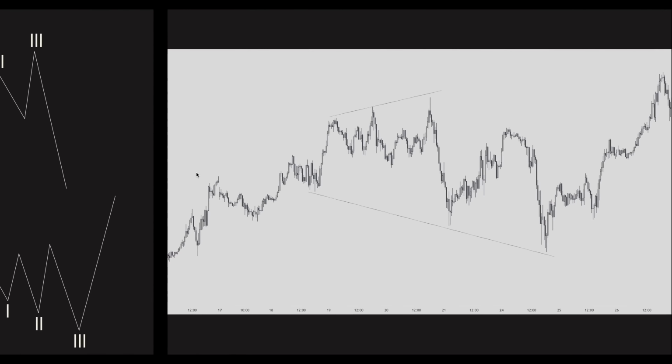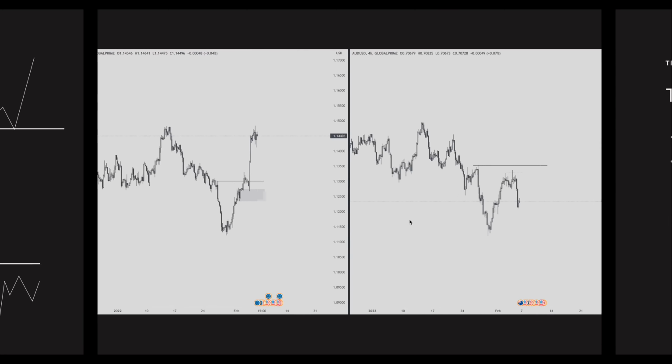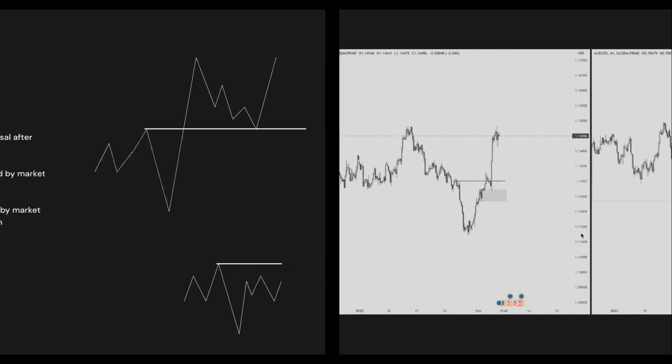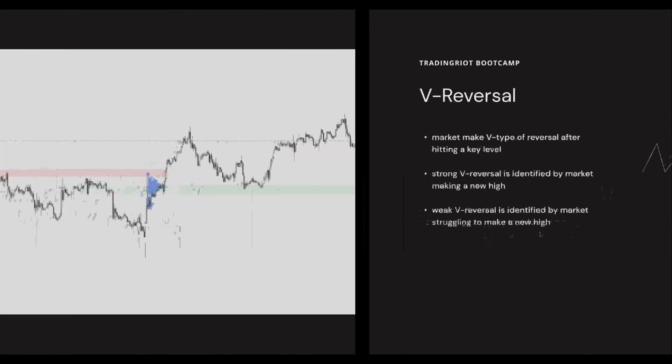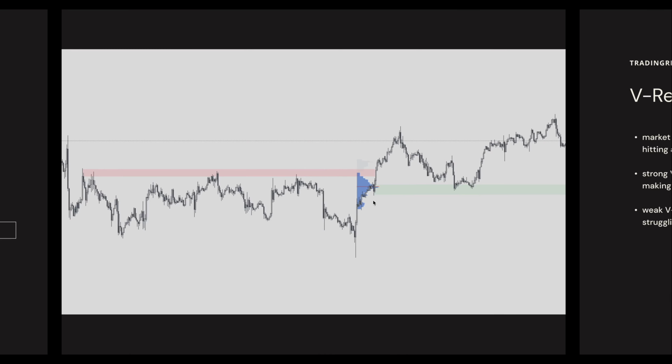Okay, so these are different structures you will see markets making on all time frames over and over again. They are not standalone execution situations. I'm not picking trades only because of these things. The only thing that is more actionable is this one, which I will cover later on.